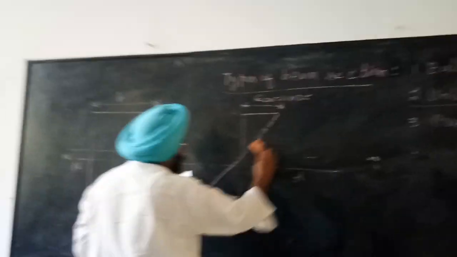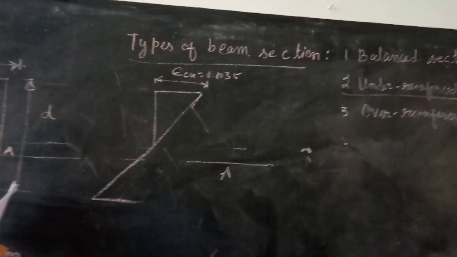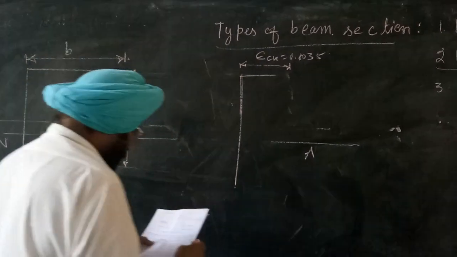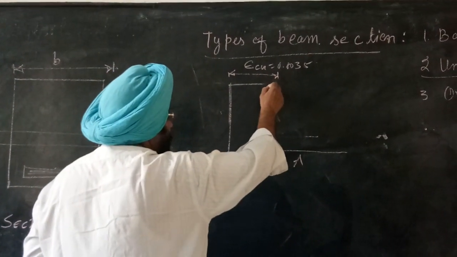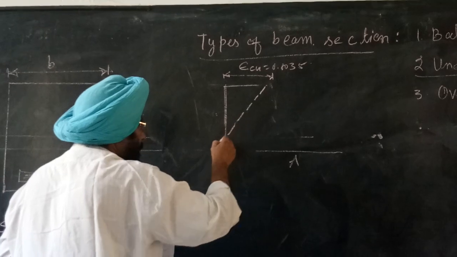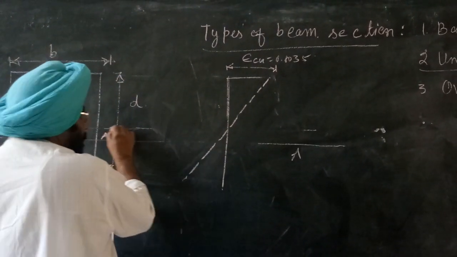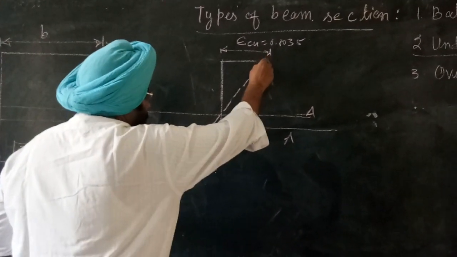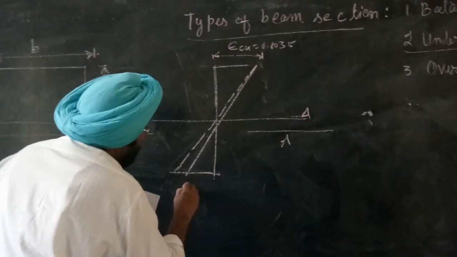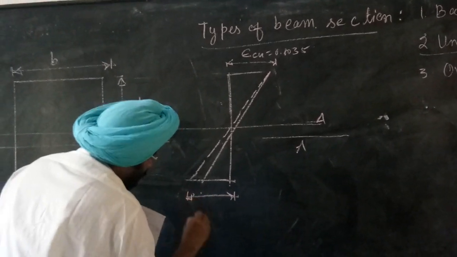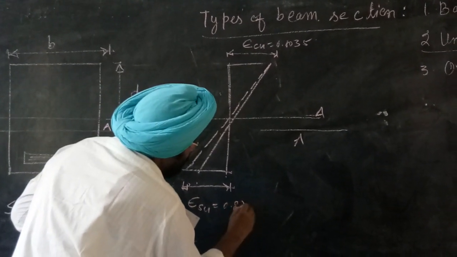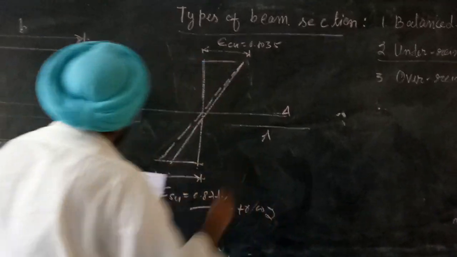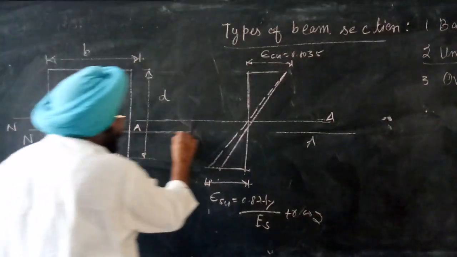So the strain diagram for over reinforced section is shown, with 0.87 Fy upon Es plus 0.002.